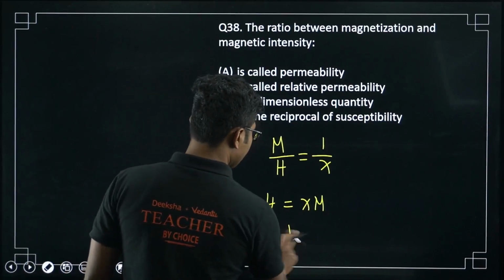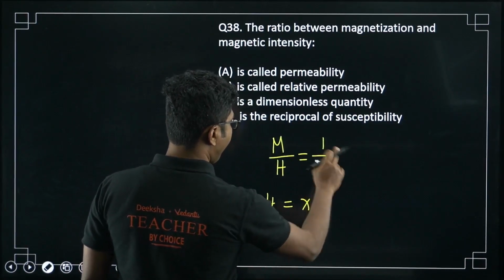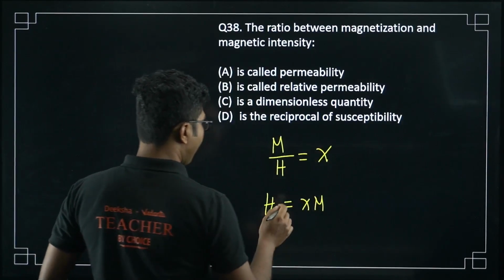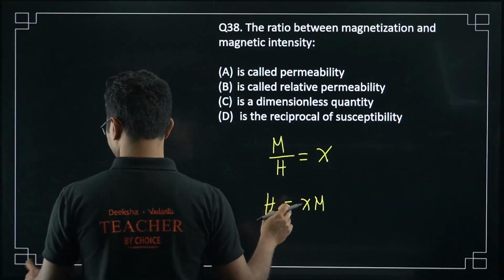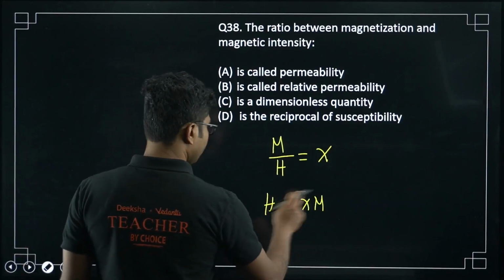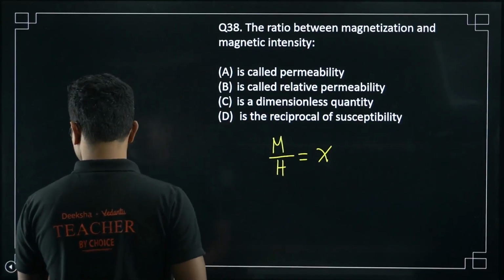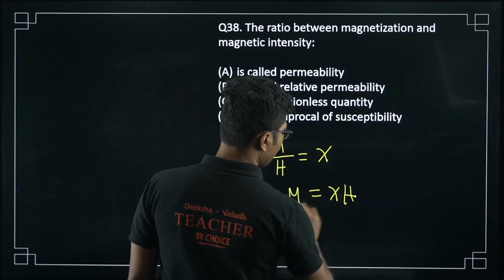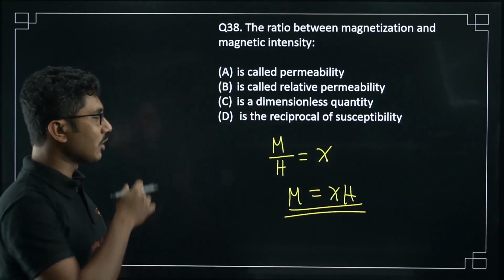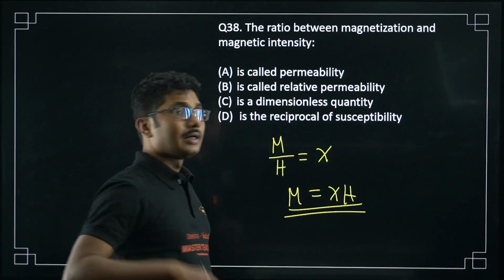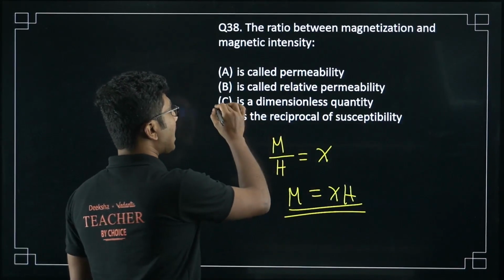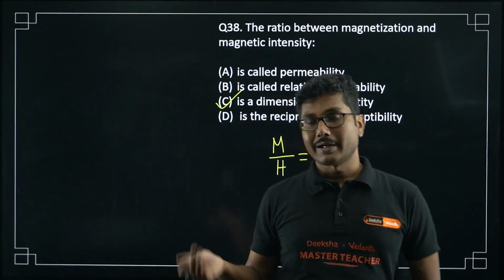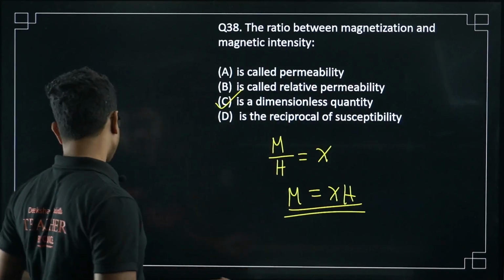This is actually equal to chi. M by H is chi, M equals chi H, right? So this is not the reciprocal of susceptibility, but susceptibility itself. The susceptibility is a dimensionless quantity. So from the given options, the correct answer is dimensionless quantity.